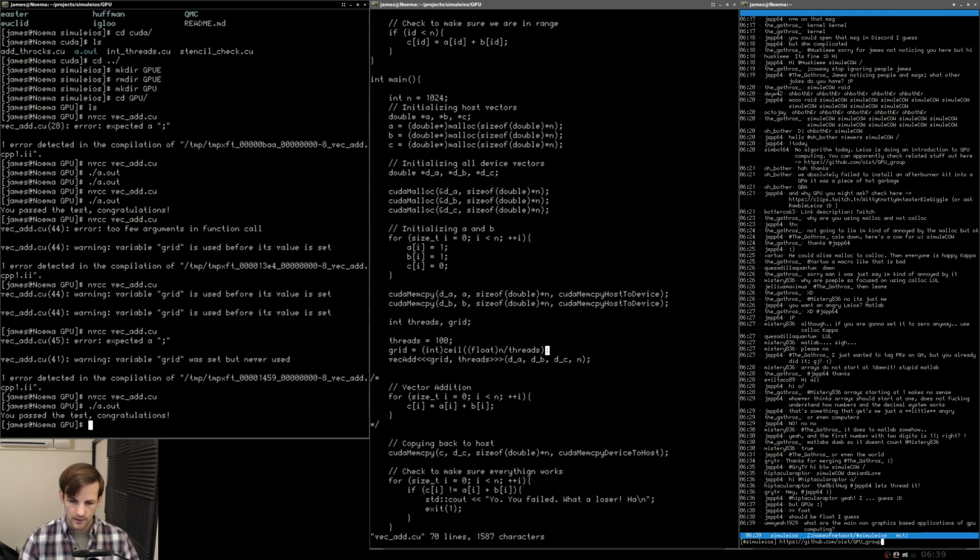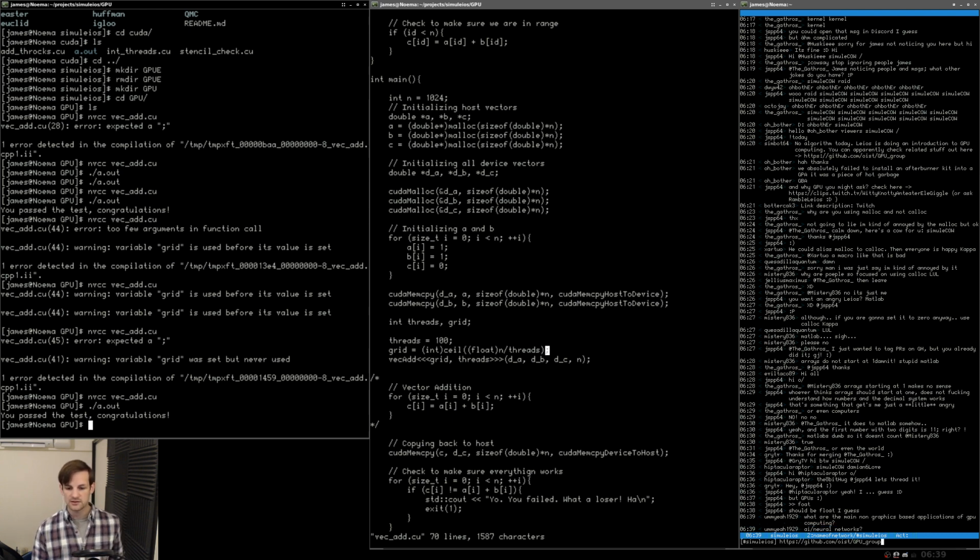What are the main non-graphics based applications of GPU computing? Honestly, there is no graphics based application for GPU computing. GPU computing is AI and neural networks. That's used a lot. Most physics simulations can be parallelized in some way, such that you will be using GPUs to do the computation.